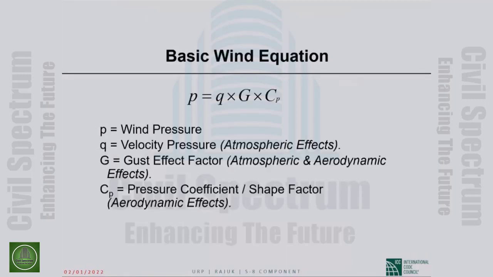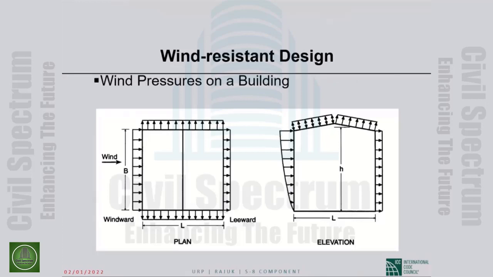So we are back to the basic equation, P is equal to Q G C sub P, except we know quite a bit about the terms now. We discussed Q early on. We discussed G. We now discuss C sub P.